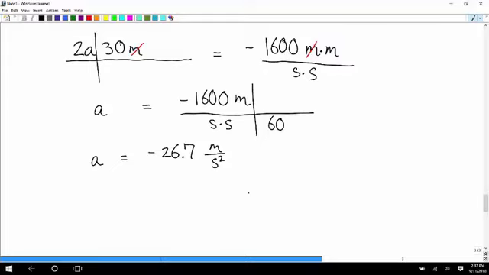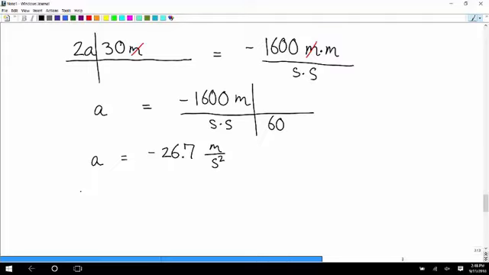That's a pretty big magnitude of acceleration. 26.7 is almost 3 Gs. So I don't know if that's realistic. But let's think about the sign. Does the sign make sense? It does. And the way to think about it is the car is moving in the positive direction. The velocity is positive. It's slowing down, and that means that the velocity and the acceleration have to have opposite signs.